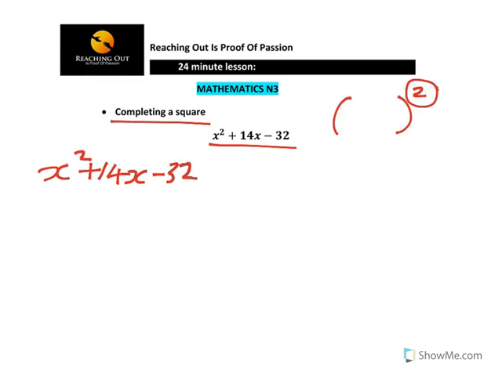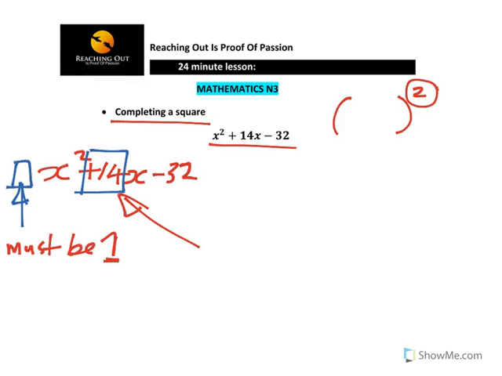The key thing to focus on, I will repeat again, is the number here and the number here. Every time the number here must be 1, always. And then this number, we call it the coefficient of x.